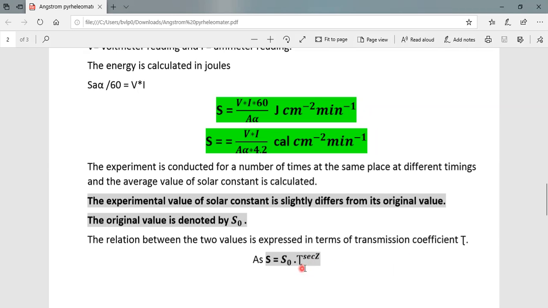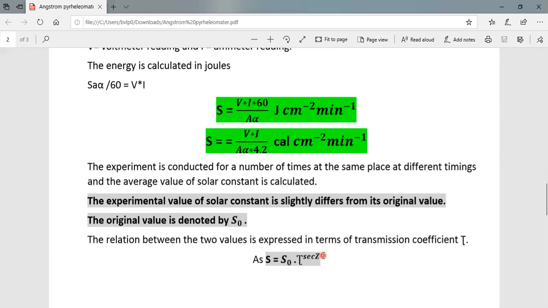Transmission coefficient tau to the power of secant z. What is this z? Z is the zenith angle, the angle made by the sunlight with a vertical line. So sunlight is coming in this direction, transmitted in this direction, and received by the earth. This is the vertical line. So how much angle is made by the sunlight with the vertical line? This is called the zenith angle.